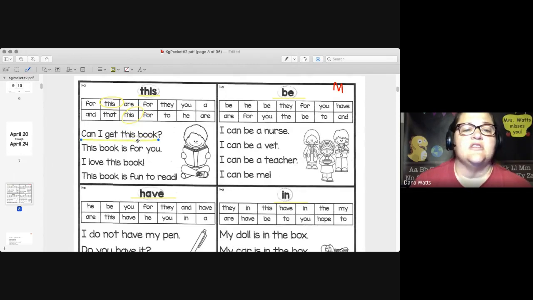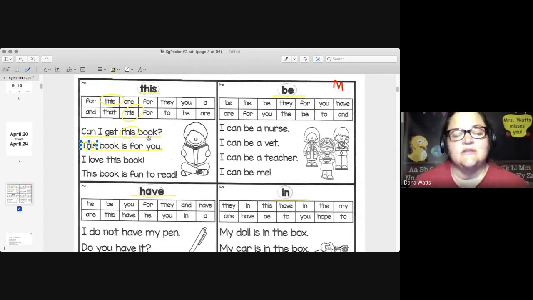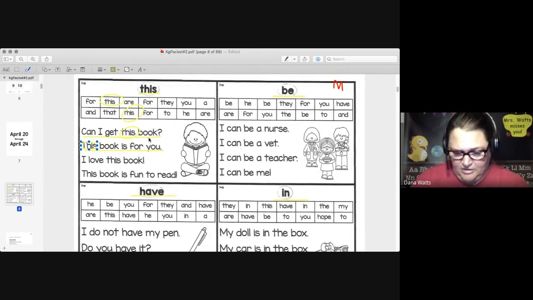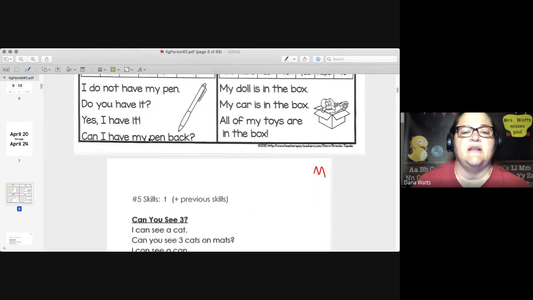And they can also circle the word in the sentence. This book is for you. So circle the sight word and read the sentences. And that's what you'll do in each box. You might want to do all this on Monday. There is a page for every day, or you can kind of work on that as you go. But those are our fry words, our sight words that we've been learning, okay? So that's your first page for Monday.